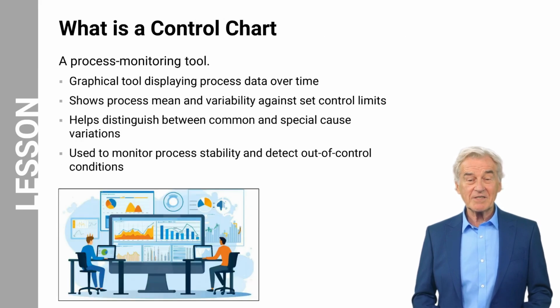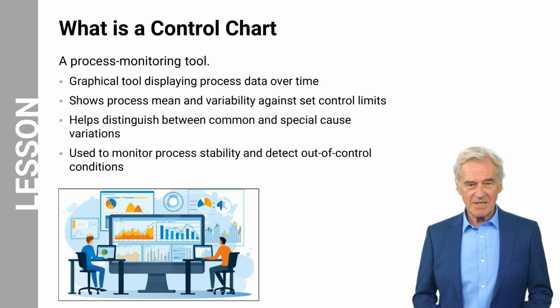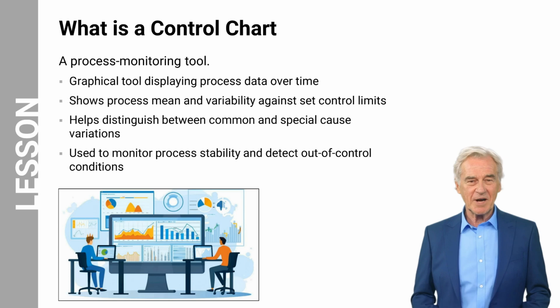Earlier, we discussed how control charts are used to analyze the causes of process variations in the analyze phase. Control charts can also be used in the control phase as a process monitoring tool. A control chart is a process monitoring tool in statistical quality control. This graphical instrument displays process data over time, allowing for visual analysis of trends and patterns.